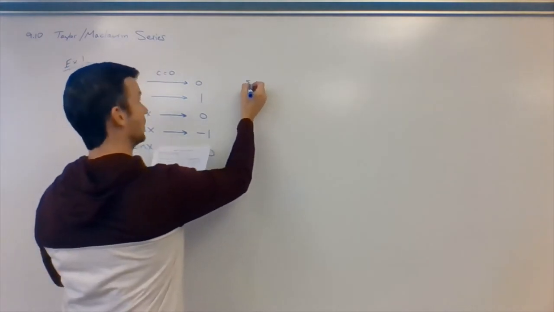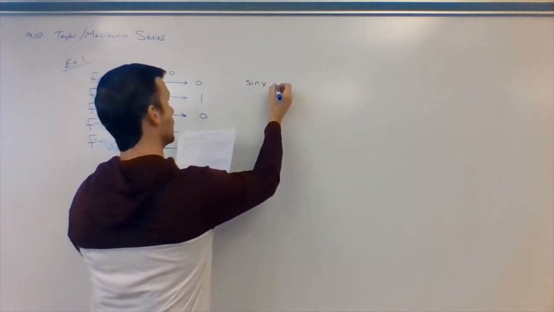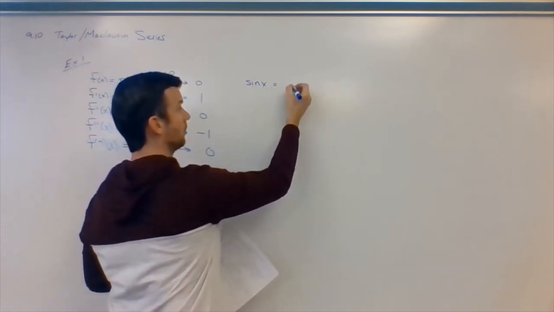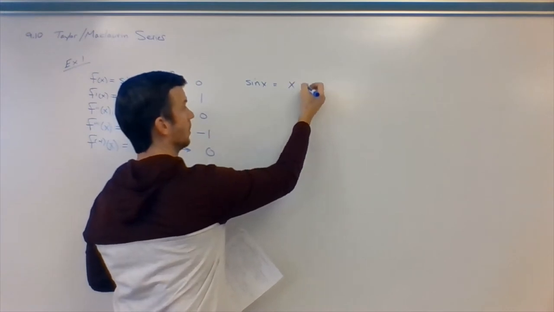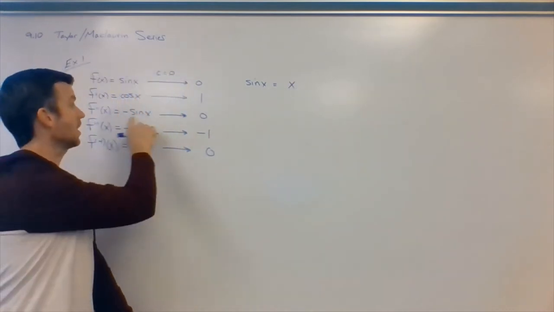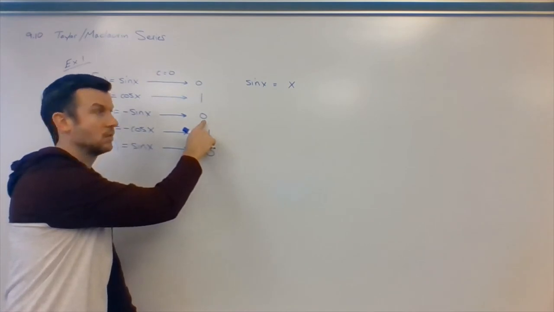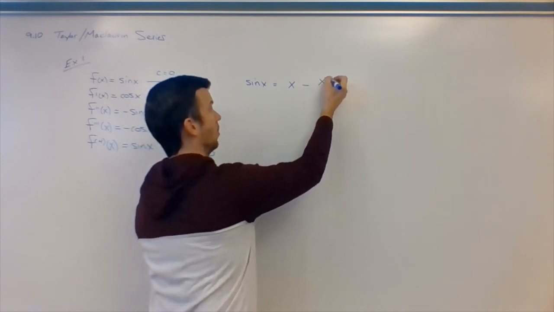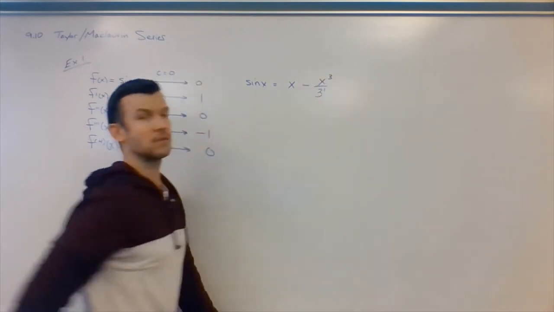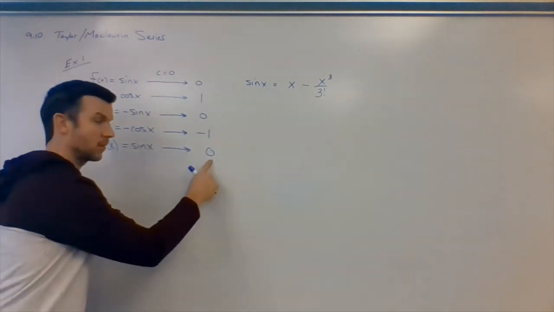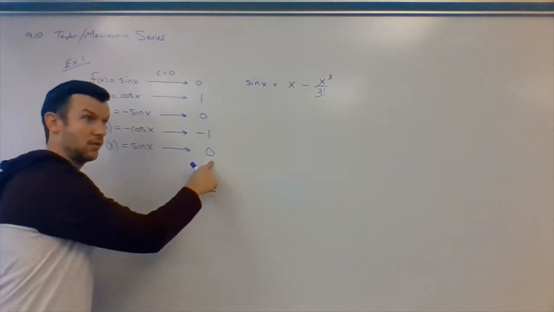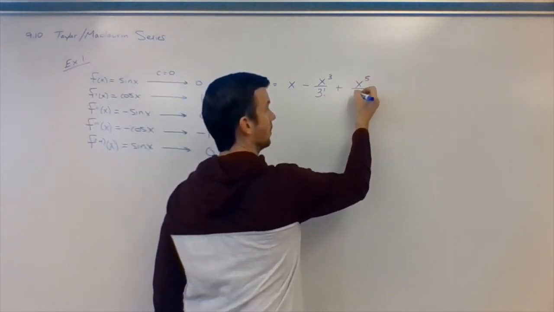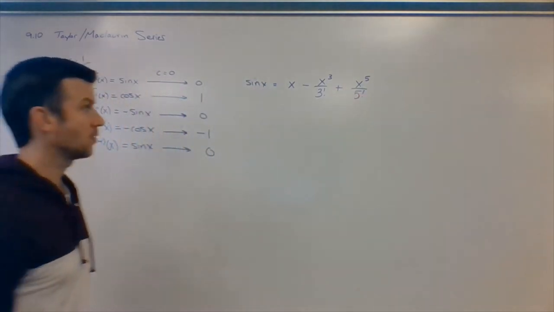So this function, sine of x, equals, well, we have 0 plus the first derivative times x, plus the second derivative divided by 2 factorial, x squared, plus the third derivative divided by 3 factorial times x to the third, plus the fourth derivative times x to the fourth divided by 4 factorial, plus the fifth derivative times x to the fifth divided by 5 factorial.